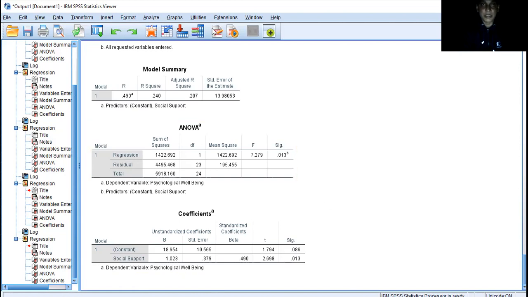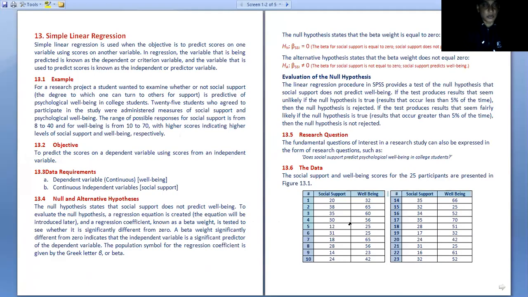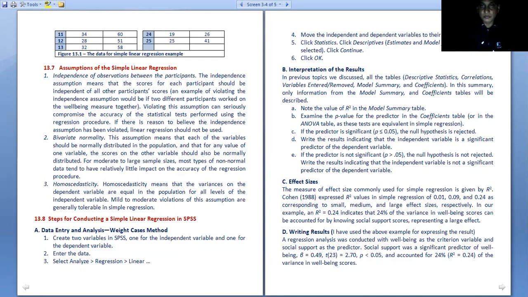Let's move to the answer part before we close up for the things. So we are moving to simple linear regression. We know the example, the objective, the hypothesis, the research question, and the data we have used right now. Now, how are we going to look at the summary? Interpretation of result is something we did just now, and then we talked about the effect size.